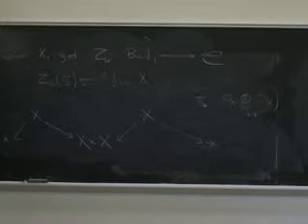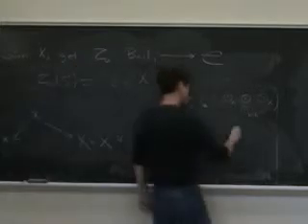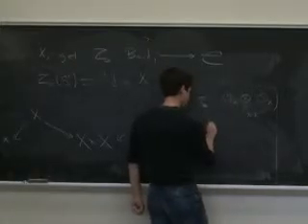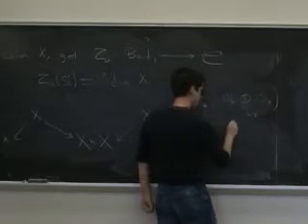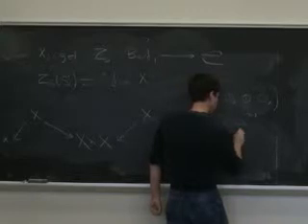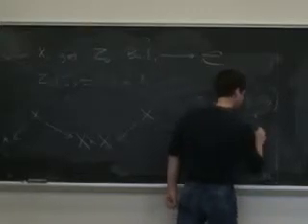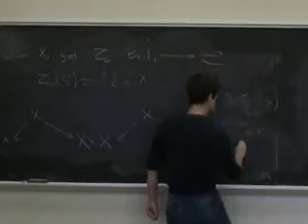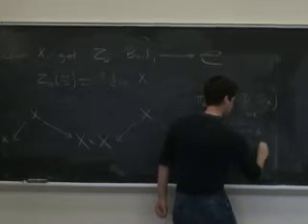In other words, a complex of vector spaces over C, where pi is the projection from x cross x to a point.